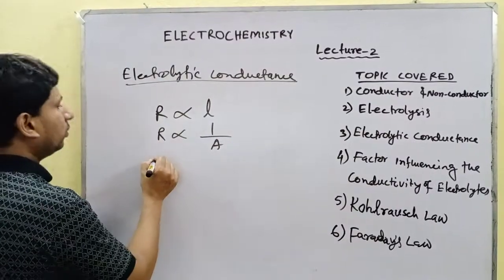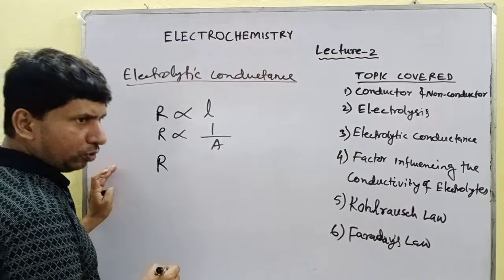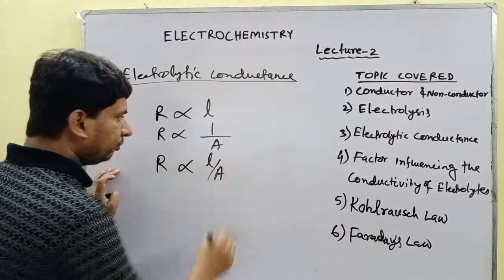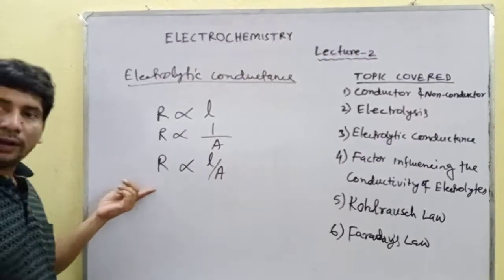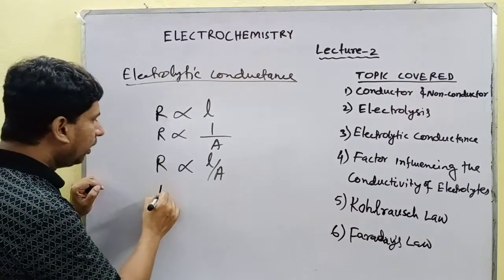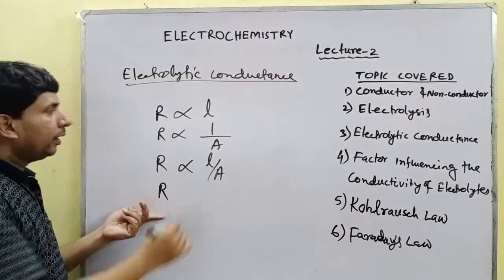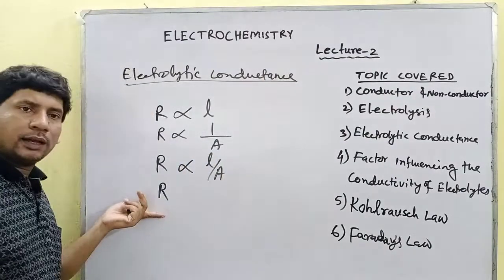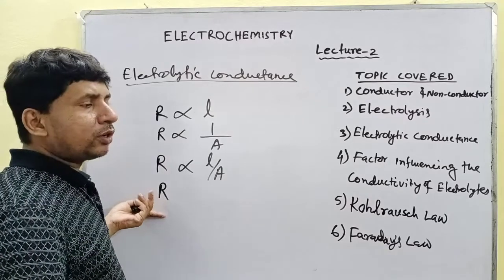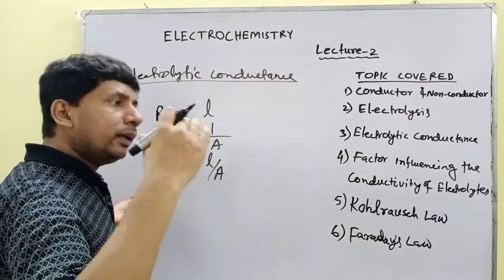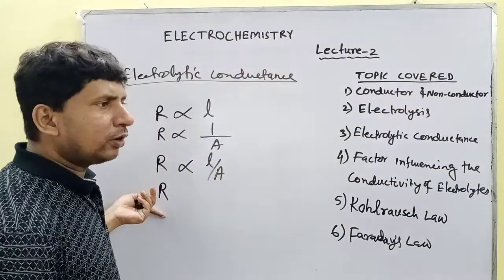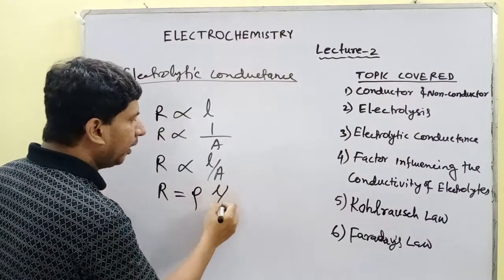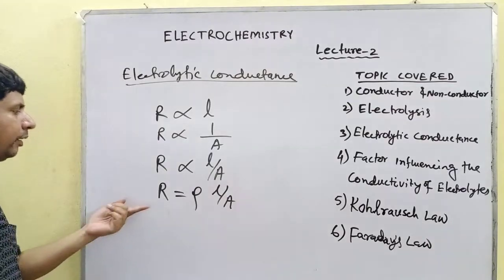And now combining these two equations, we can get L by A. Now this is R, that is resistance, L is the length between the two electrodes, A is the cross section or the area of the electrode which is deep in the solution, equal to rho L by A.